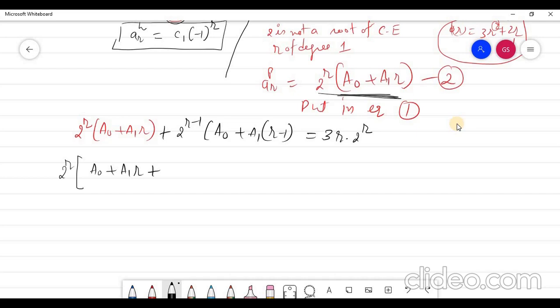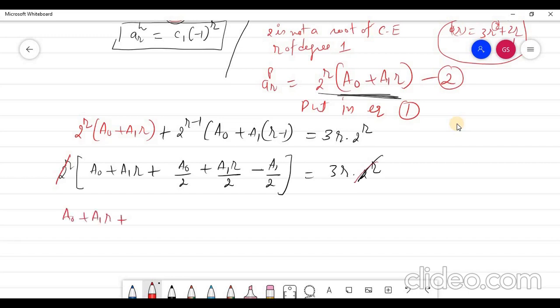So we get a0 upon 2 plus a1 multiplied by r upon 2 minus a1 multiplied by minus 1 over 2 is equal to 3r into 2 raised to power r. So 2 raised to power r will cancel with this 2 raised to power r, and what we get here is a0 plus a1 r plus a0 upon 2 plus a1 r upon 2 minus a1 upon 2 is equal to 3r.